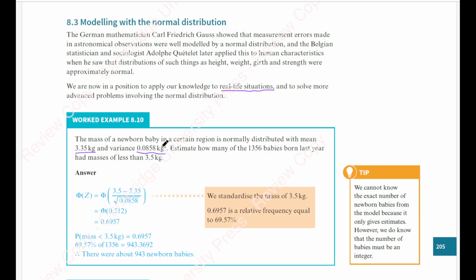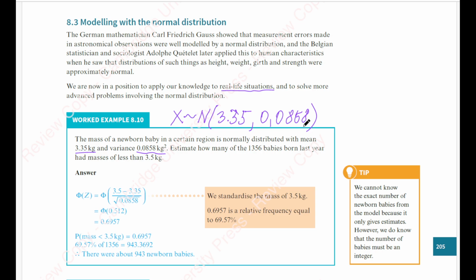So if we have mean and variance, then we can say that X is normally distributed, and the mean is 3.35, and the variance is 0.0858. So this is the normal distribution.